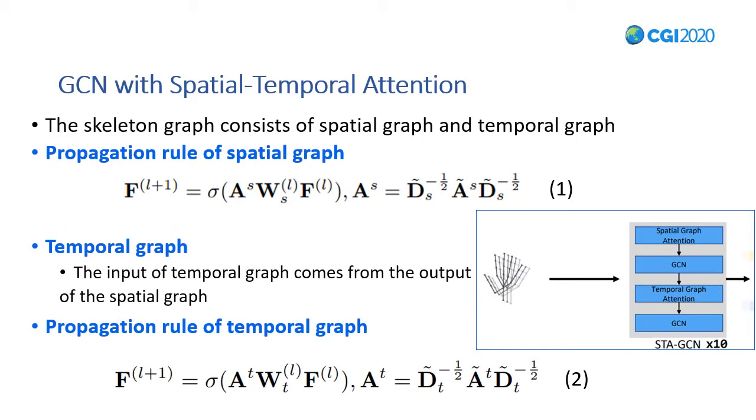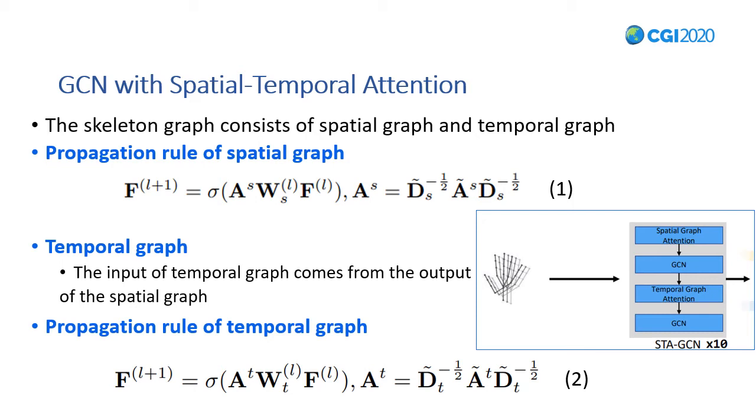After initialization of the gesture graph, we adopt multiple layers of spatial-temporal graph convolution to extract high-level features. The skeleton graph used in graph convolution consists of spatial graph and temporal graph. To implement the graph convolution in the spatial dimension, the propagation rule can be formulated as equation 1, where AS is the normalized adjacent matrix of the spatial graph.